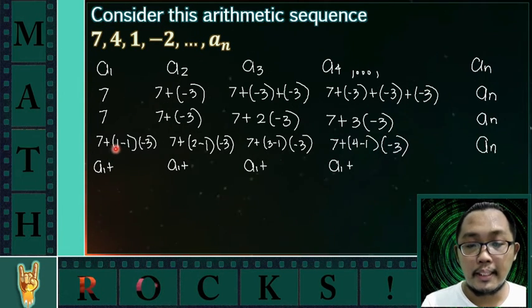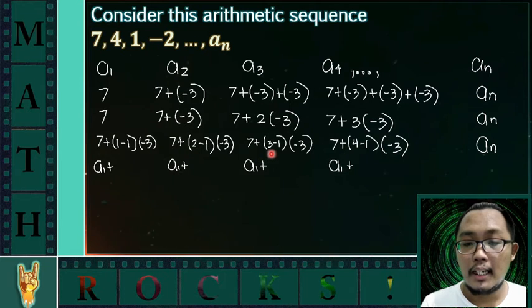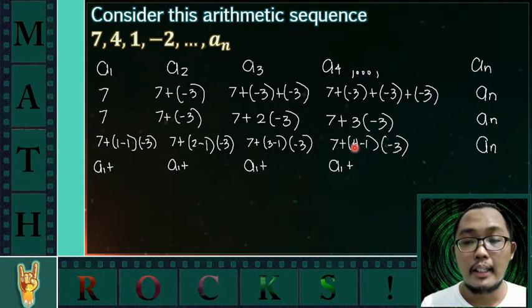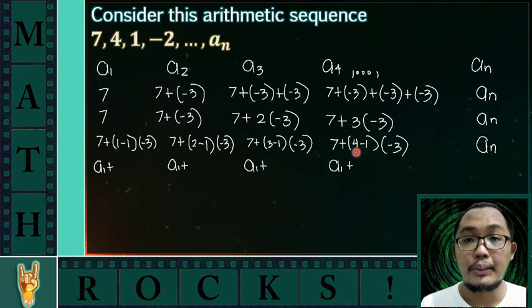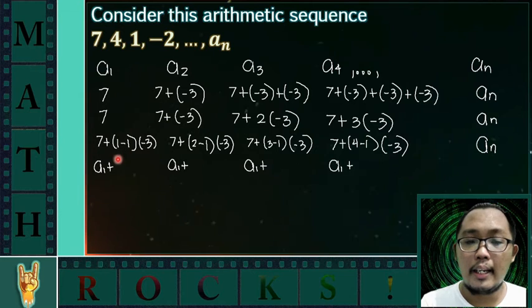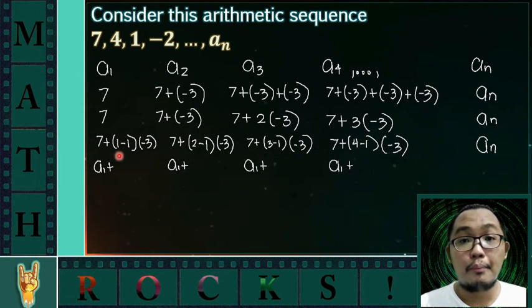So notice that the first numbers actually corresponds to the position of the term in the sequence. And you have learned in the previous lesson that this is actually the n. So again, n is relative to the position of the term.